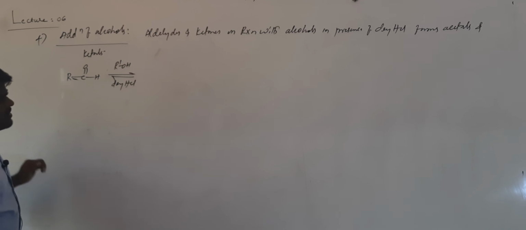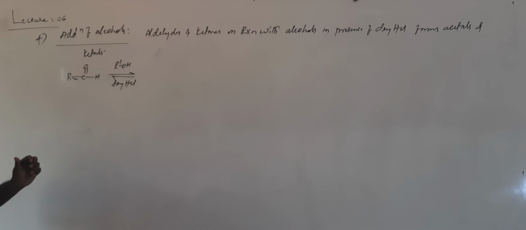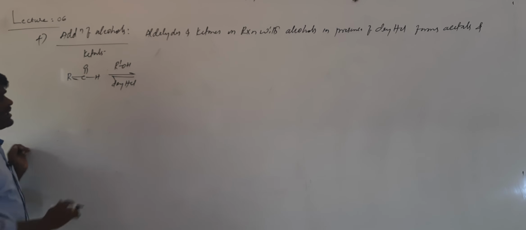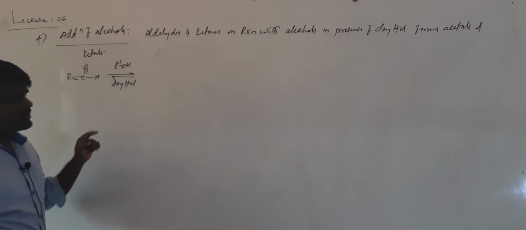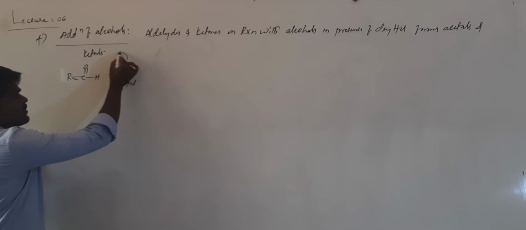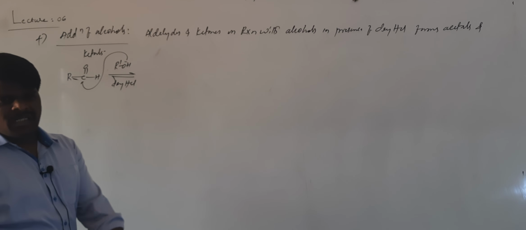Here what happens, this dry HCl gas will make the carbonyl carbon more electrophilic, okay. First of all, this H plus ion will attack the oxygen, by that the pi bond will be shifted to the oxygen and this carbonyl carbon gets a positive charge. To that the lone pair of electrons of this oxygen will be donated, and that mechanism is actually not needed.